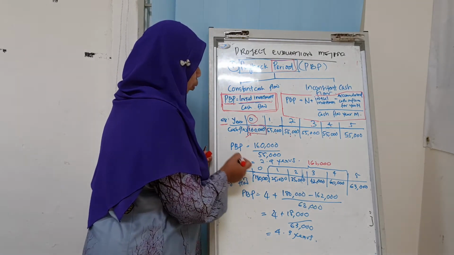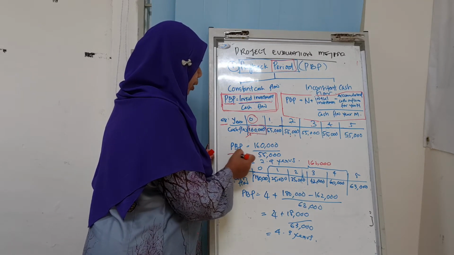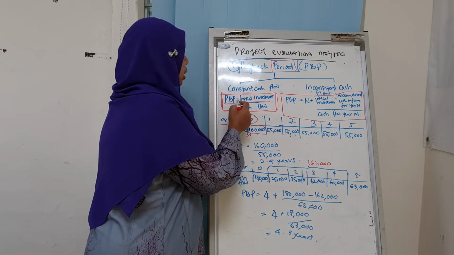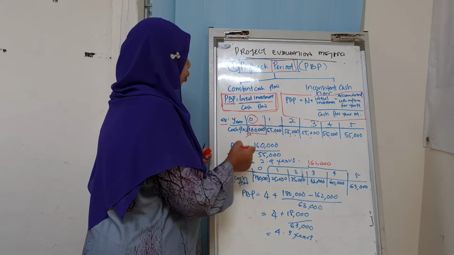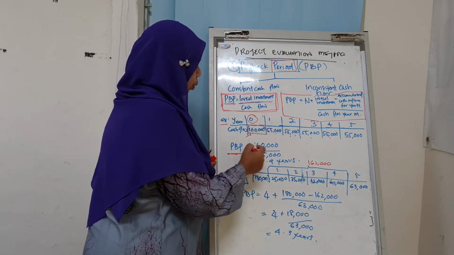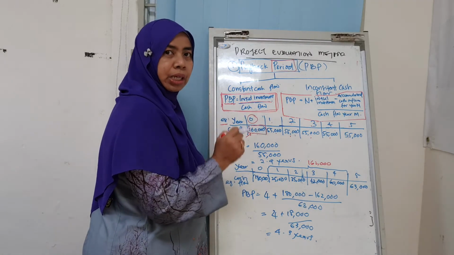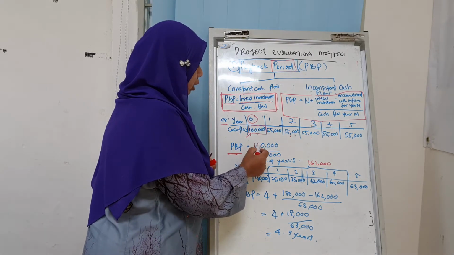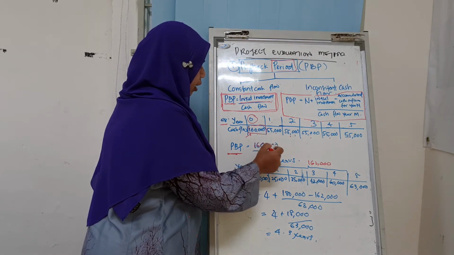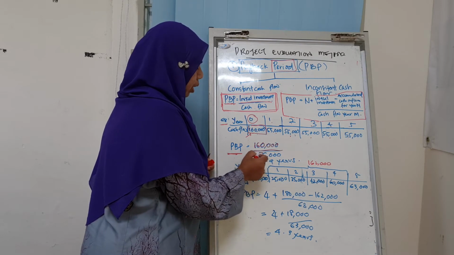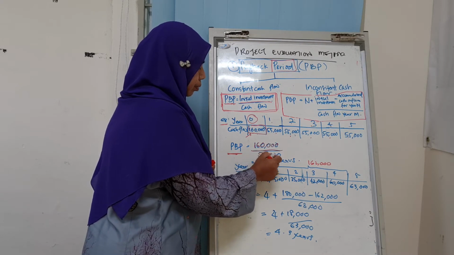So how to know the payback period? By using the formula for constant cash flow, which is initial investment divide by cash flow. So 160,000 divide by every year dia masukkan 55,000. Right?